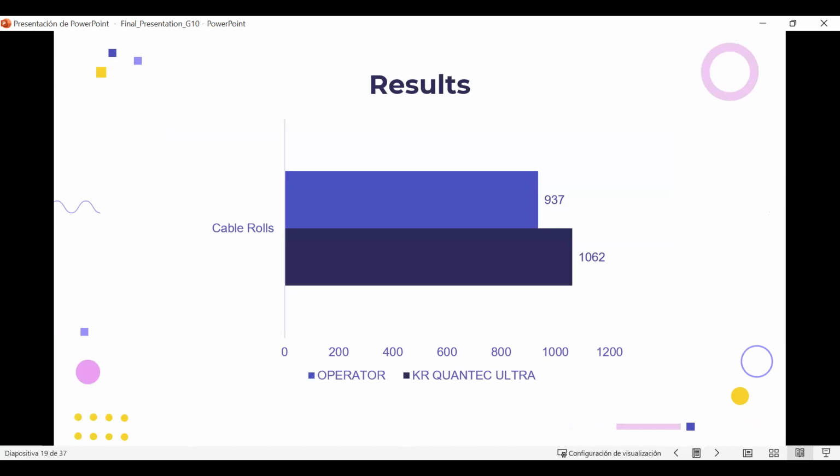The process with the operator reached a total of 937 cable rolls, and the process with the robot reached a total of 1,062 cable rolls. This is equivalent to an increase in production of approximately 13%.